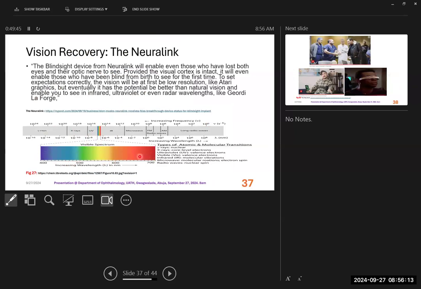When you look at the electromagnetic spectrum, there is a part of it called the visible spectrum. This is where normal human beings are supposed to be able to see all these colors. If you flash your mind back to O-level physics, ROYGBIV, you can appreciate red, orange, yellow, indigo, up to violet. So Elon Musk was telling us that the person will be able to see ultraviolet and infrared, up to even radar.